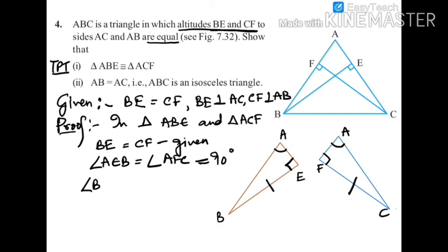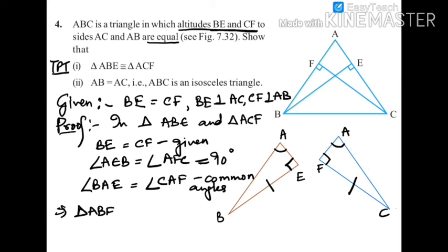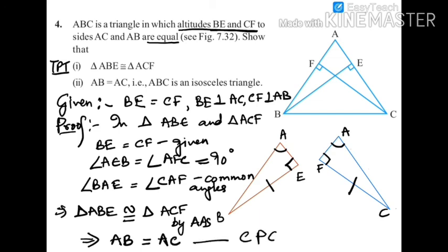And angle BAE is equal to angle CAF. These are common angles. So this implies triangle ABE is congruent to triangle ACF by angle, angle, side. So if these two triangles are congruent, their parts are also congruent. So we can say that AB is equal to AC by CPCT.